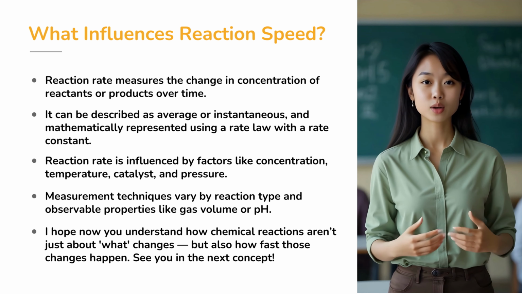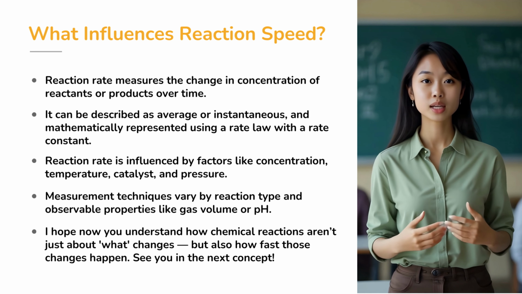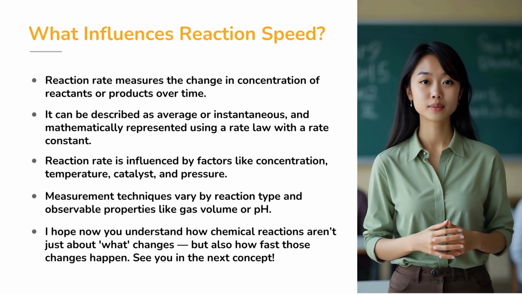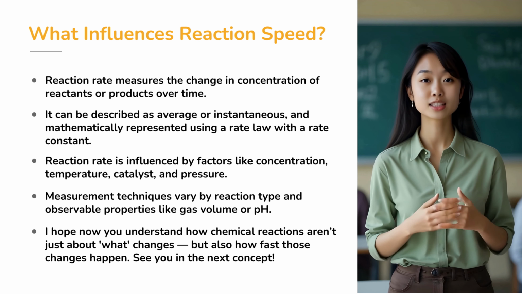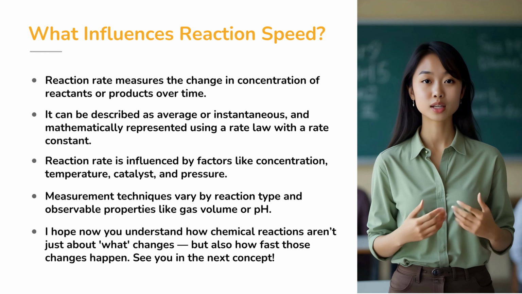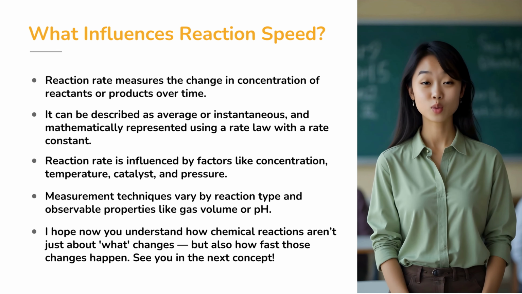We learned the rate law formula: rate equals k times concentration terms, and how the rate constant k carries key information about the reaction and its order. From lab-based measurements like gas volume and pH to real-life reactions like cooking, rusting, or even digestion, chemical kinetics helps us quantify and control the pace of change.